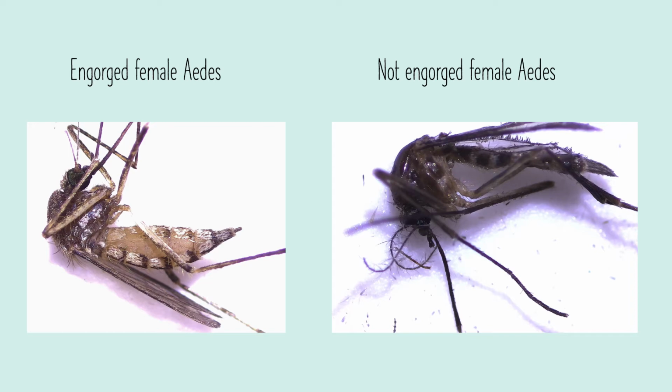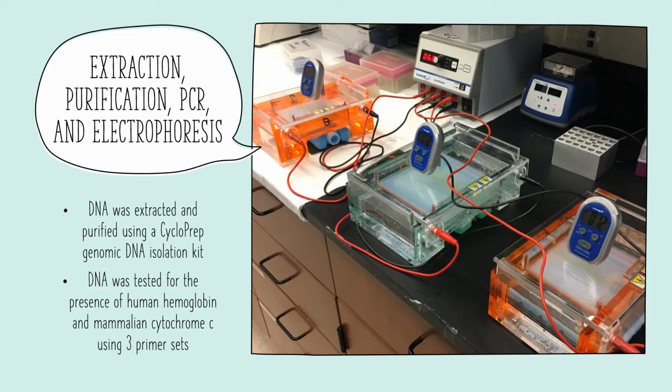And so mosquitoes like this one on the left were given priority in testing, and so almost all of the mosquitoes that we tested this summer had some degree of engorgement, like that one on the left there. So the mosquitoes were then processed with a cycloprep genomic DNA isolation kit to extract and purify the DNA, and the DNA was then PCR tested for human hemoglobin and mammalian cytochrome C.